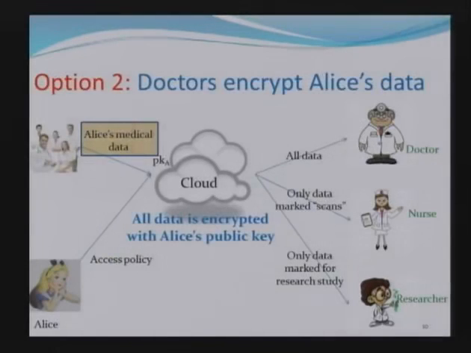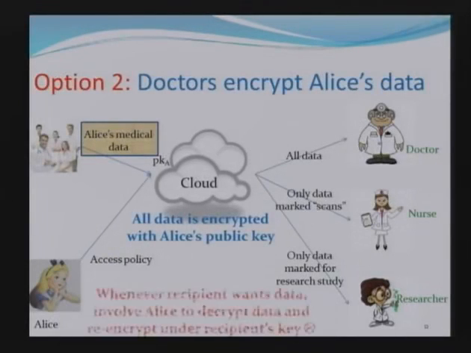Because all this is encrypted data. One option might be to say, whenever a recipient wants data, involve Alice in the process. So if a nurse comes and says to the cloud, give me the data that's meant for me, the cloud will talk to Alice and say, what is the data that the nurse is allowed to see? And then Alice can do the appropriate action and give it to the nurse.